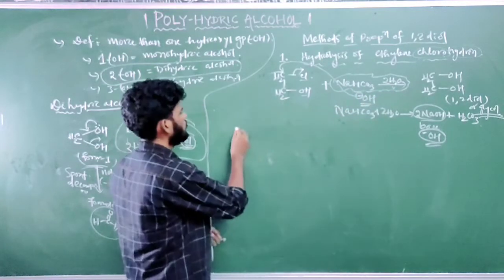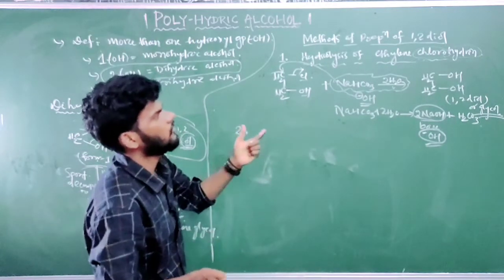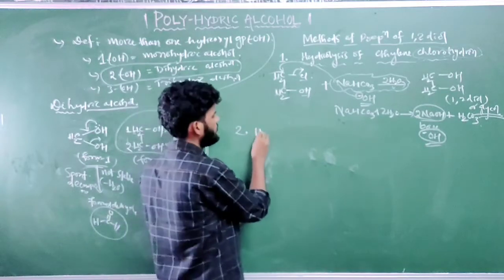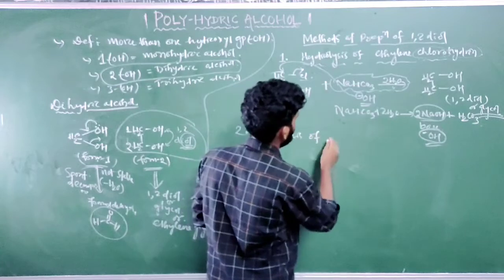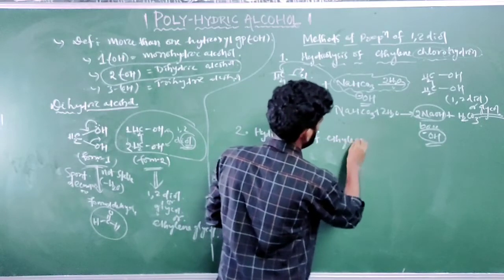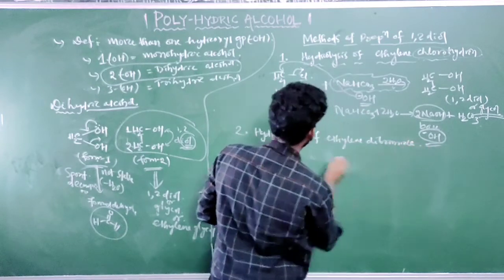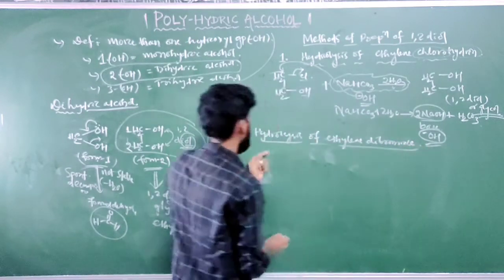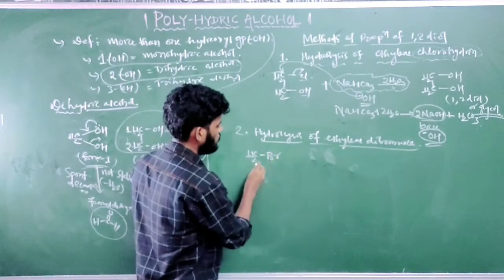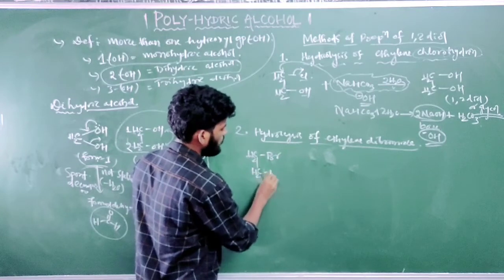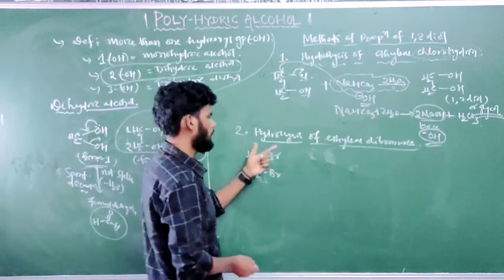Okay, next comes method number 2. In the second method we can also get 1,2-diol from the hydrolysis of ethylene dibromide. The starting material is ethylene dibromide, CH2Br, CH2Br, with 2 bromine groups.